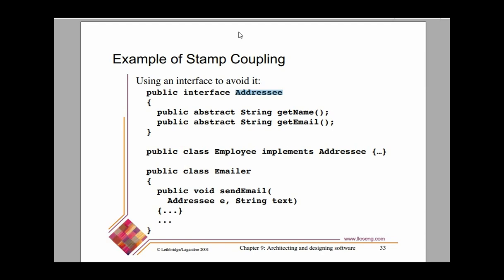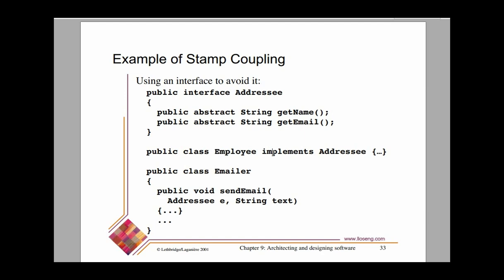The reason is that the sendEmail method now has access only to the name and email data that it truly needs. And if I change the Employee class, it is certainly going to have less impact. Second, the sendEmail method will be impacted if the Address interface is changed, although the chances of that are very rare. One more thing, this Address interface is now easy to use, and certainly my Employee class is now reusable.